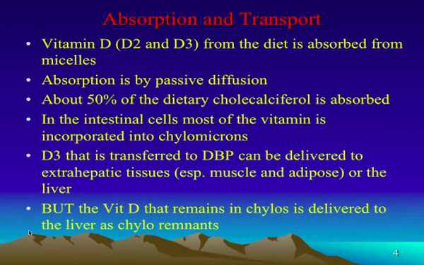The D3 that we make in the skin, when it binds to vitamin D binding protein, can be delivered to extrahepatic tissues, especially muscle and adipose. So that's a little bit different. It's more likely that vitamin D binding protein delivers D3 to tissues outside the liver, whereas most of our dietary vitamin D ends up in the liver.